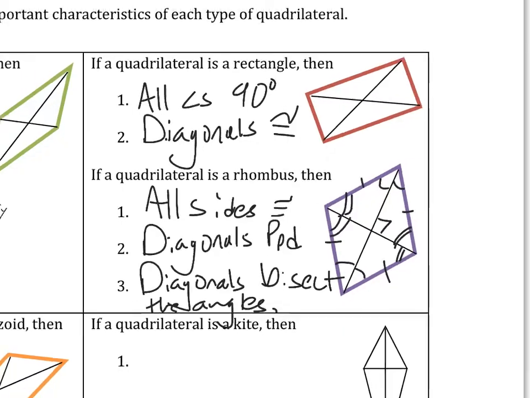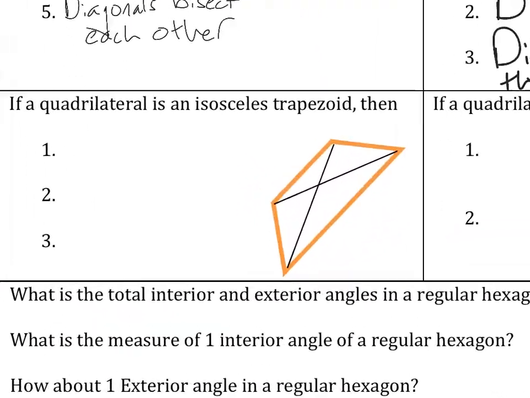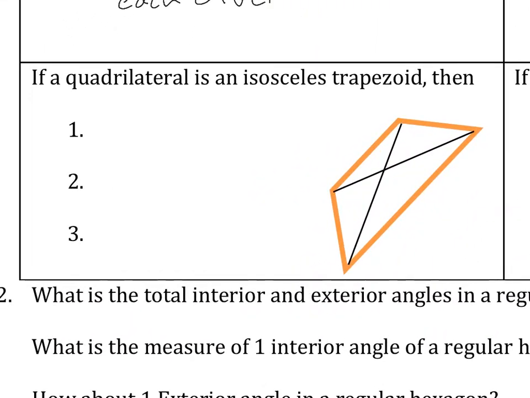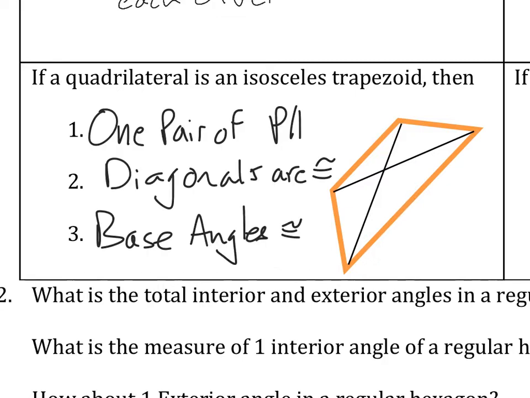So, all right. How about an isosceles trapezoid? So we have one pair of parallel sides, if it's a trapezoid. And then since it's isosceles, we got one pair of congruent sides. The fact that it's parallel, that's because it's a trapezoid.